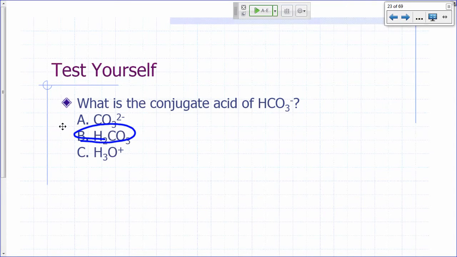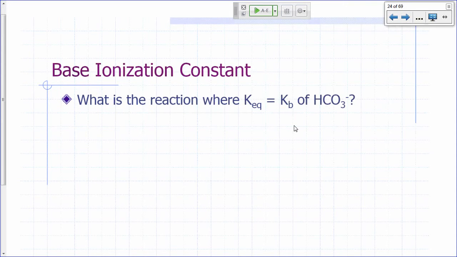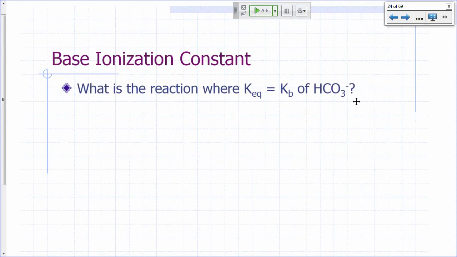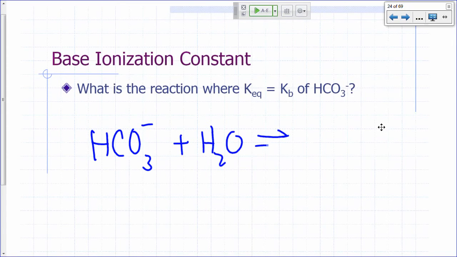If something accepts a proton from something else, it forms its conjugate acid. It's behaving like a base. So what would be the reaction where the KEQ is called the Kb of HCO3 minus? So we're talking about a reaction where HCO3 minus reacts with water, and what's it doing?